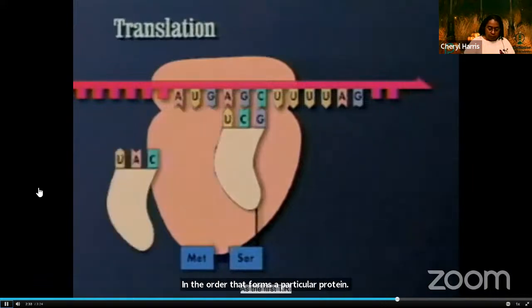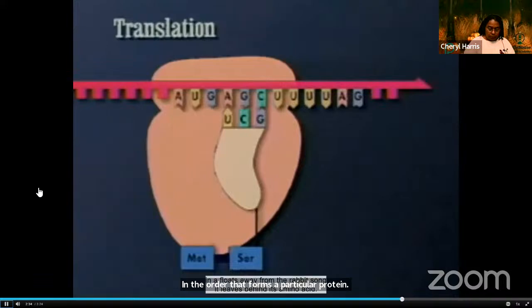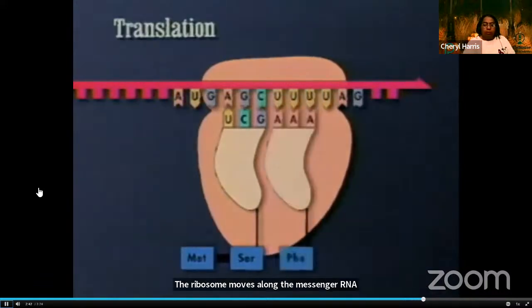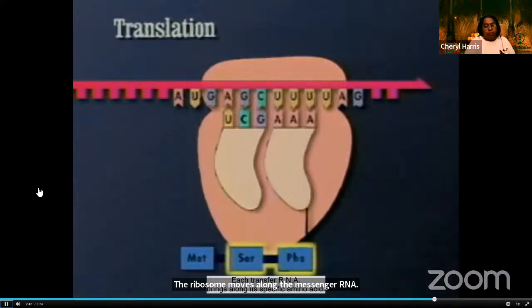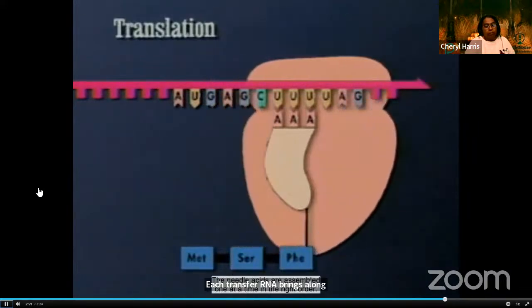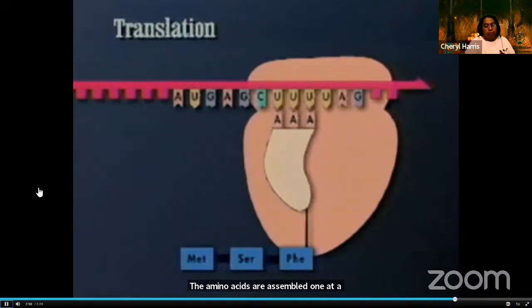As the first tRNA floats away from the ribosome, it leaves behind its amino acid. The ribosome moves along the messenger RNA. Each transfer RNA brings along its specific amino acid. The amino acids are assembled one at a time in the right order.